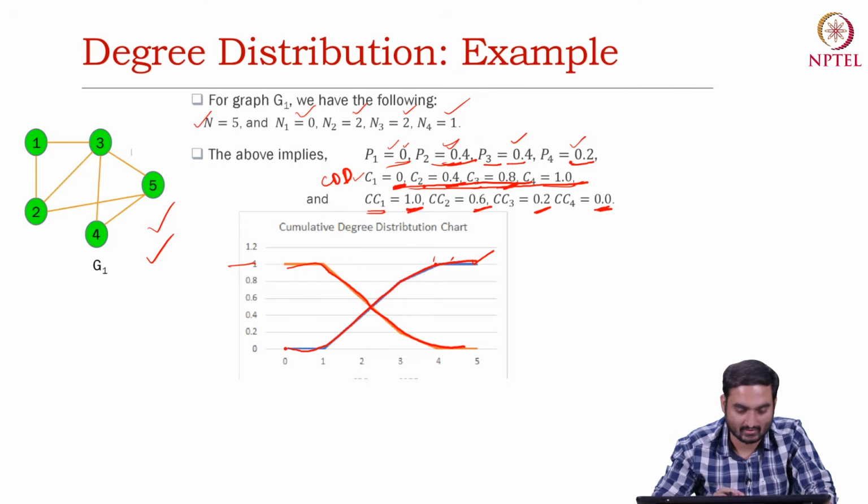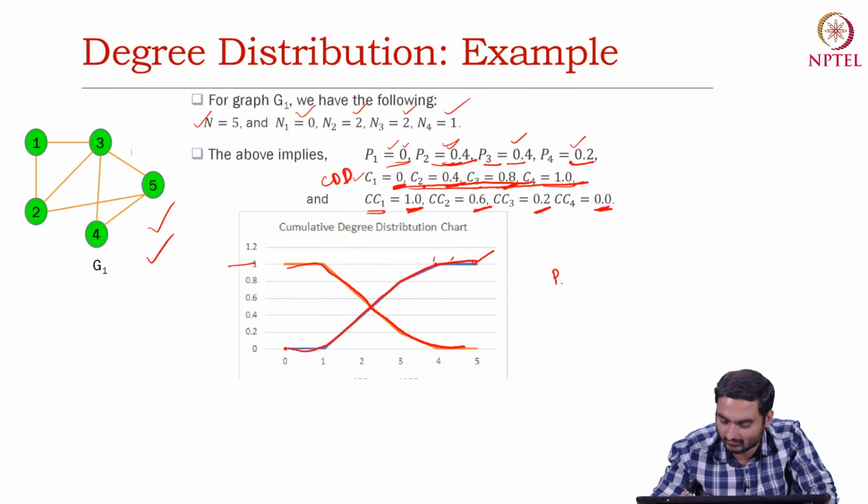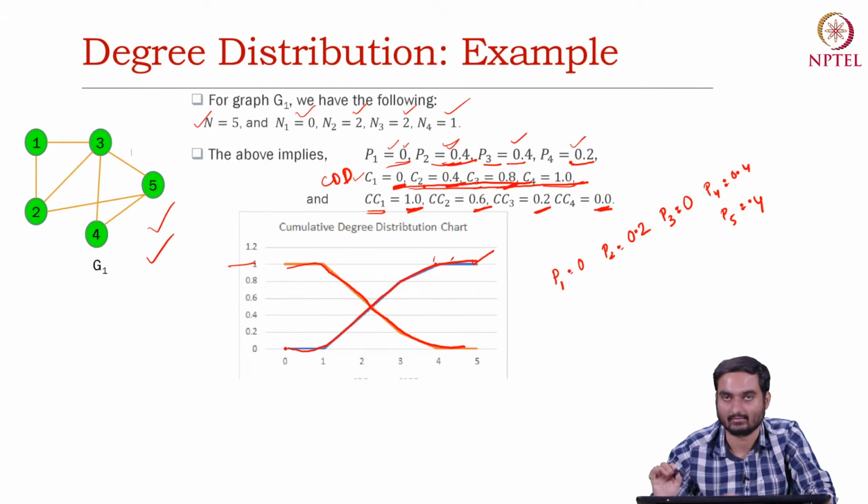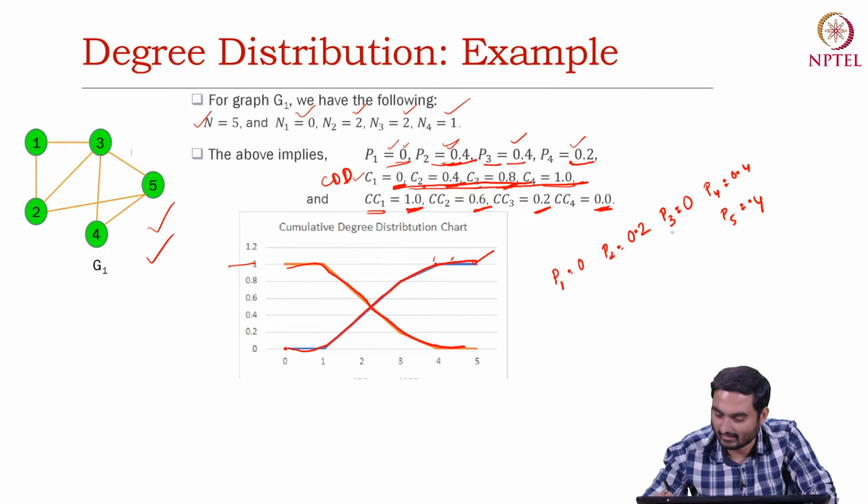Because let us say you have some values, p1 is 0, p2 is 0.2, p3 is 0, p4 is 0.4 and p5 is 0.4, something like this. So if you plot it as a simple mass function, you will see that there is a 0.